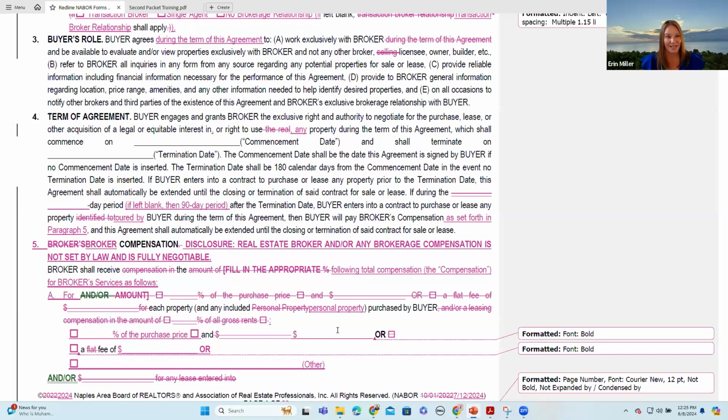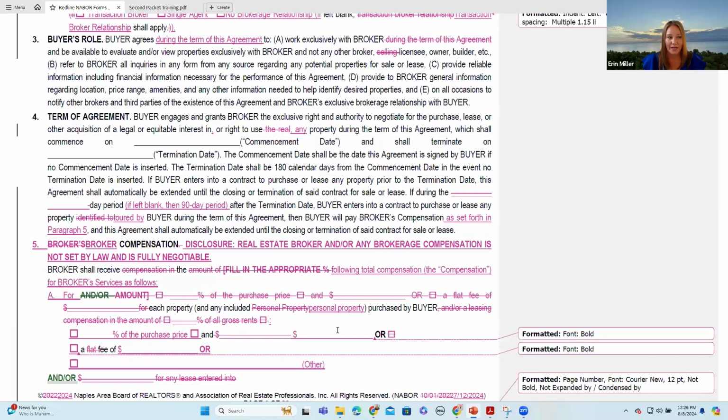We've got some default provisions in case you accidentally leave those blank. The commencement date will be the date the agreement is signed by the buyer if there's no commencement date inserted, and the termination date default will be 180 days after the commencement date if there is no termination date inserted. Again, the term of your agreement, the time period, is negotiable between you and your buyer. Insert the commencement date and the termination date, and if not, there is a default.